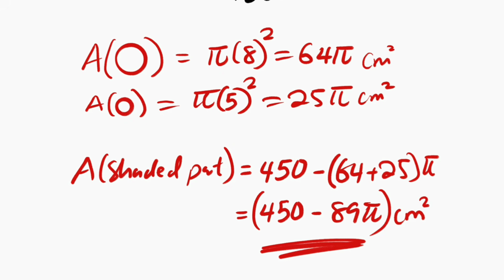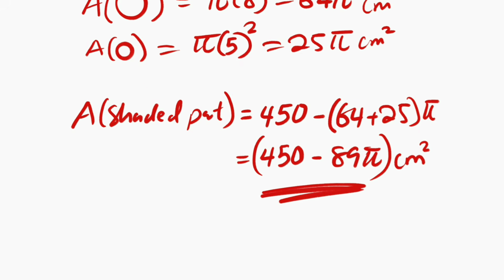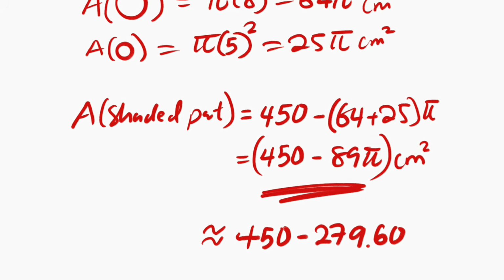That is if you are talking about the exact area. But if you're talking about an approximated area, you can substitute the value of pi in here. Let me check my calculator. When we say 89 multiplied by pi, that will give us 279.60 in 2 decimal places.